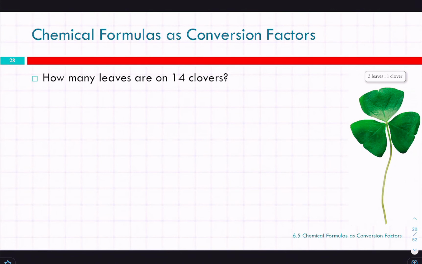If you have 14 clovers, how many leaves would you have? 3 times the number of clovers. Or if we wanted to set this up more formally to match the math that we've been doing up until now, we'd have 14 clovers.